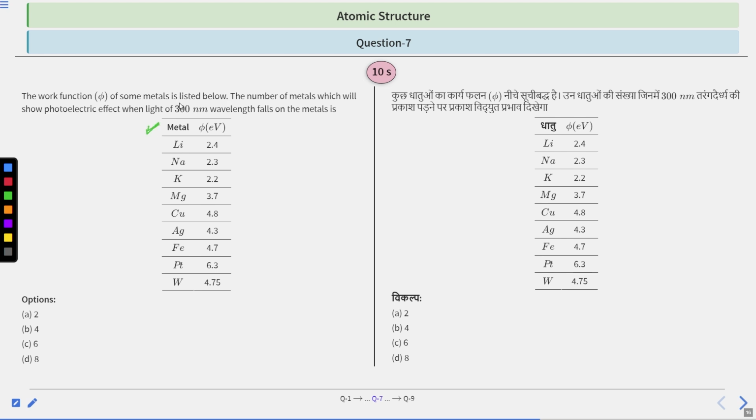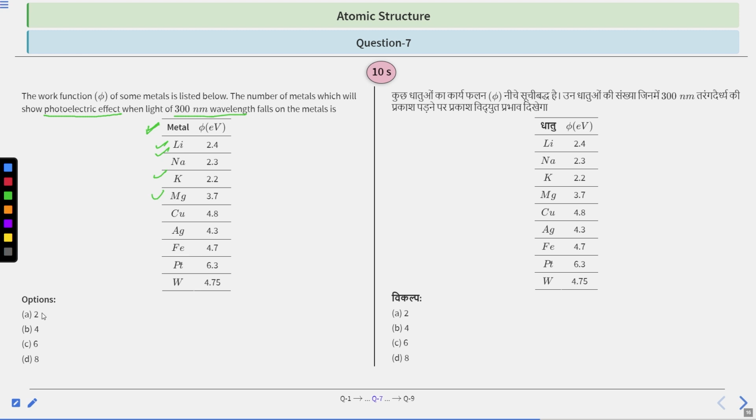You can see in the table the metals in the first column and their work function in electron volt in the second column, with values for lithium, sodium, potassium, magnesium. We have to find the number of metals which will show the photoelectric effect when light of 300 nanometer wavelength falls on the metal surface.